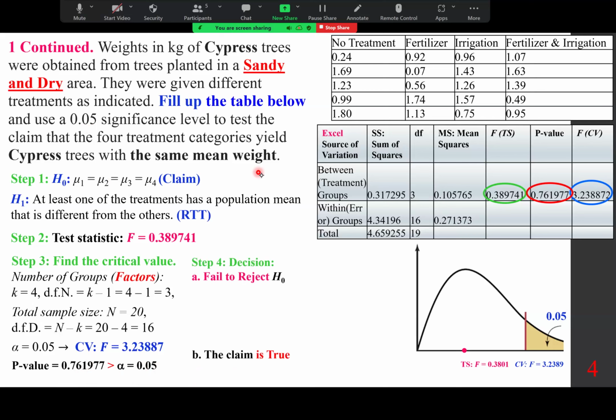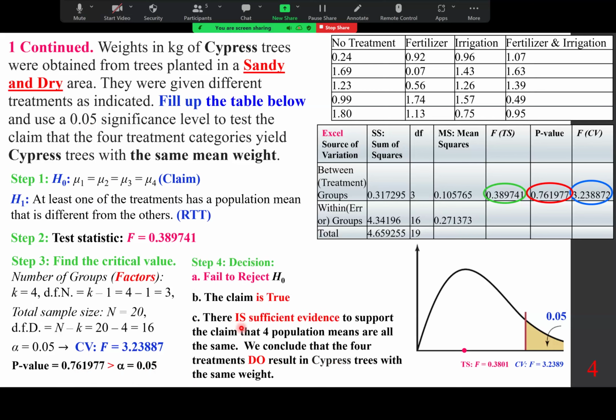The claim becomes true, and we just rewrite as follows. There is sufficient evidence to support the claim that 4 population means are all the same. We conclude that the 4 treatments do result in cypress trees with the same weight. In essence, it doesn't have much of an effect whether you go with the fertilizer, irrigation, or both of them or not. That's the concept.